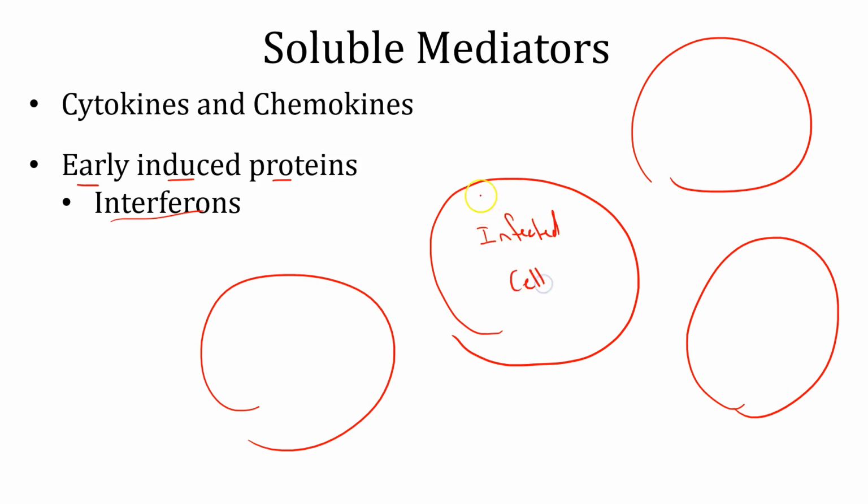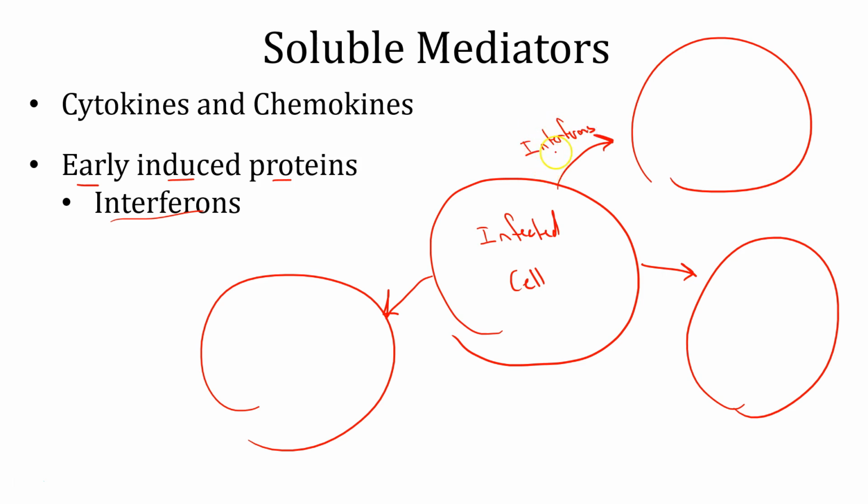Well, when the cell is infected, this is called an early induced protein, because before the virus has had a chance to hijack the cell and start cranking out new virus, the infected cell sends out kind of like a messenger to other nearby cells. The class of molecules that are released here would be the interferons. There's interferon alpha, interferon beta, interferon gamma.